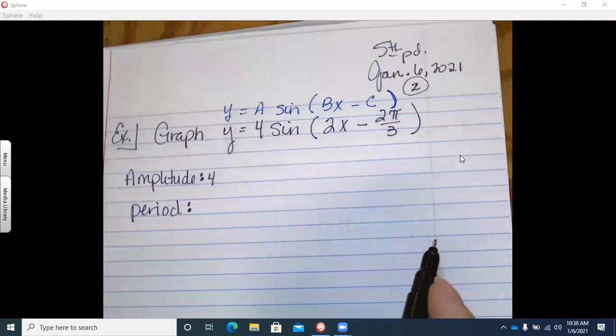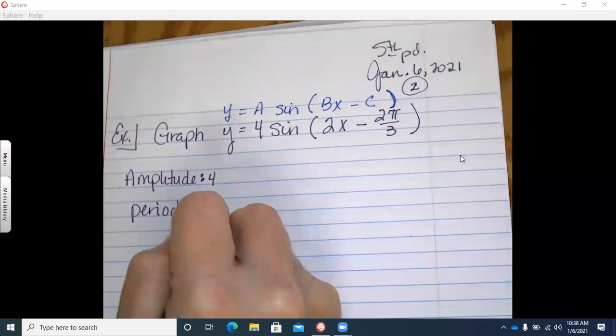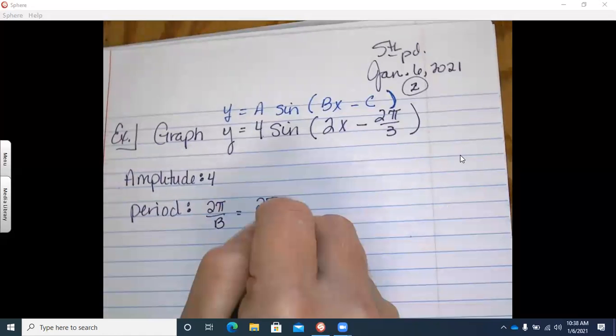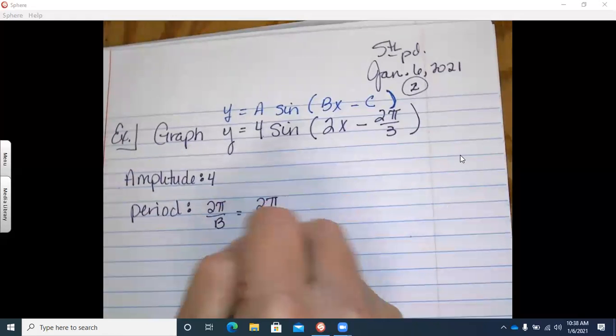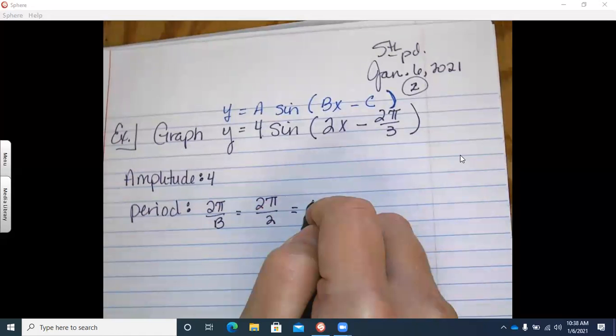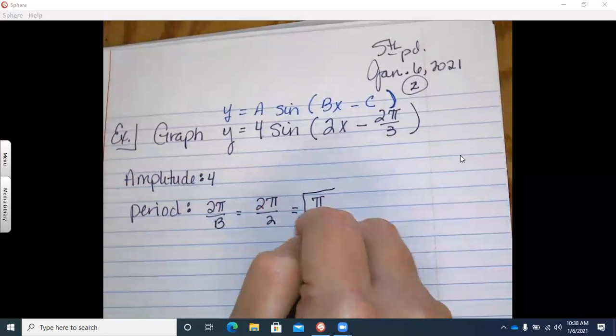So our b is some number other than 1, it's 2. So to find a period, you do 2 pi divided by b. So in this case, that would be 2 pi divided by 2. What is the length of one period? Pi.